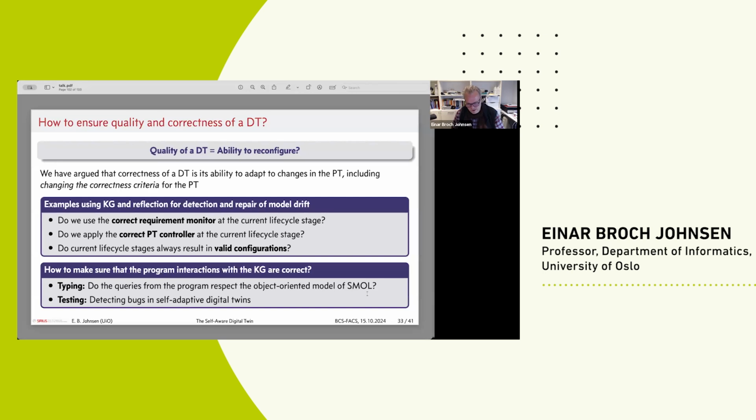Or could we get values back that we don't know how to represent at runtime? Another question is how robust we are for these knowledge graphs. So could there be bugs introduced in the knowledge graph that will then propagate into the digital twin? So these are two examples of things we have been working on, which I will now tell a little bit about at the end.